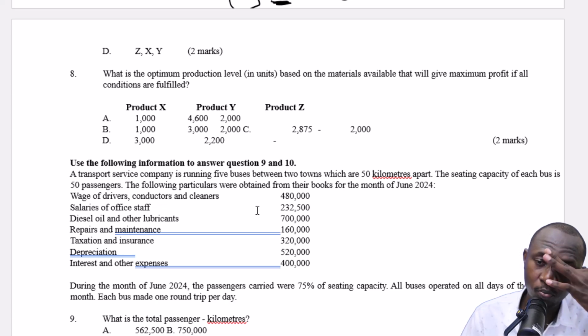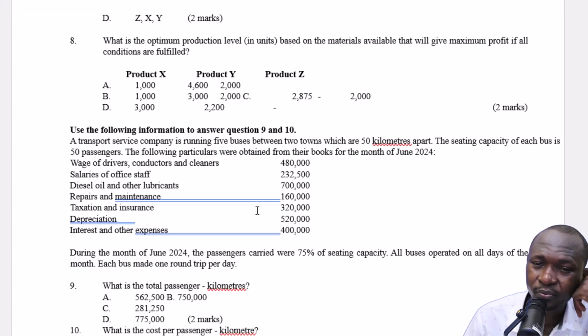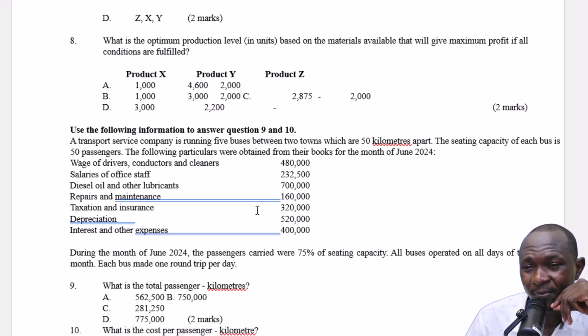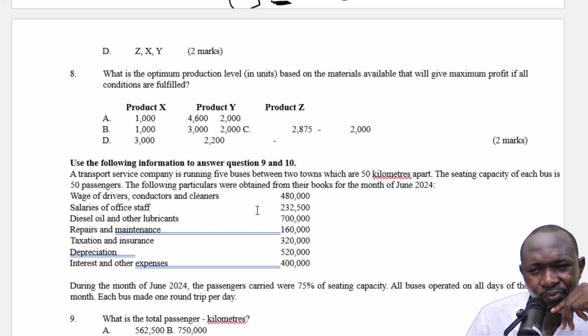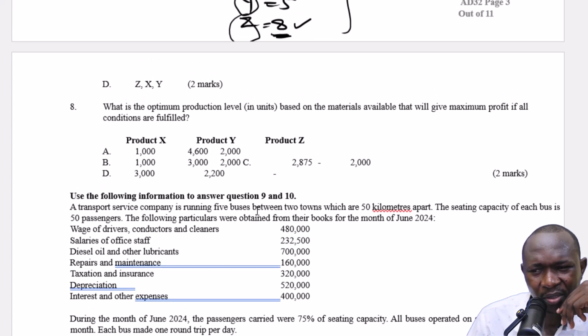What is the optimum production level in units based on the material available that will give maximum profit if all conditions are fulfilled?